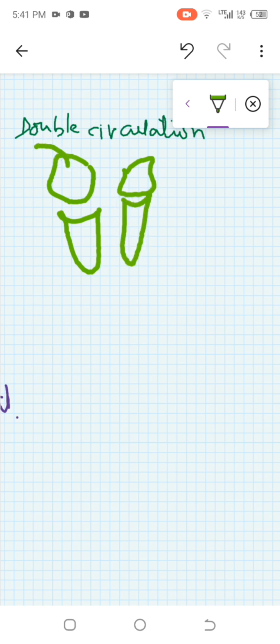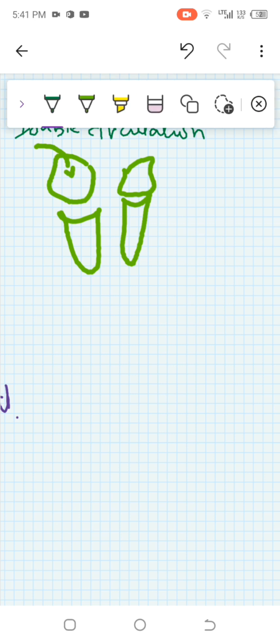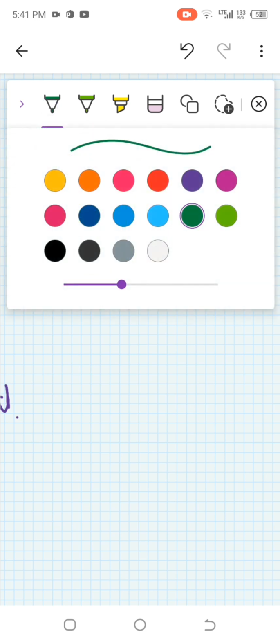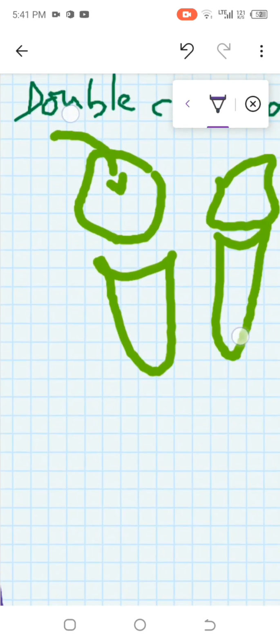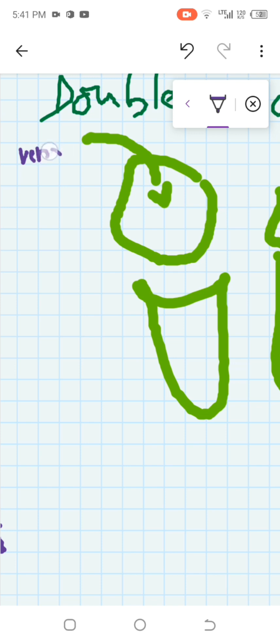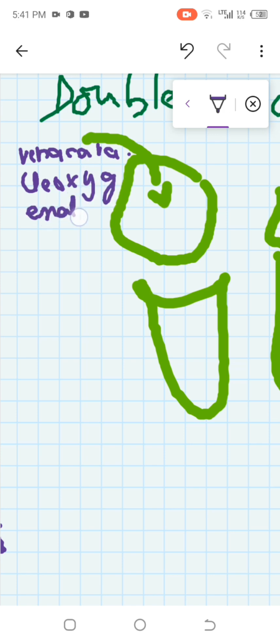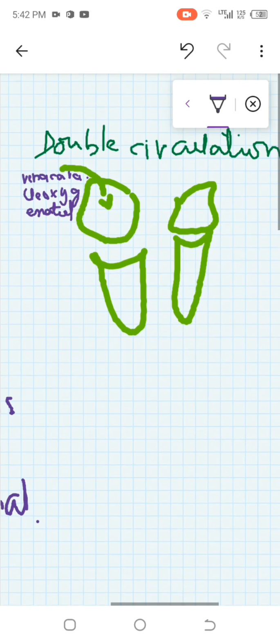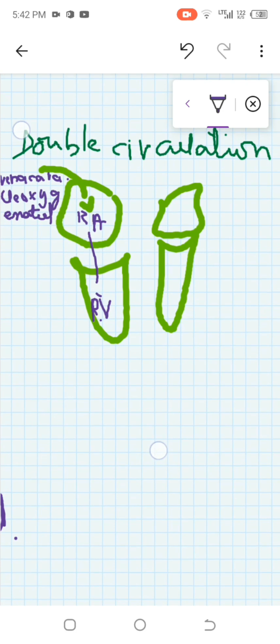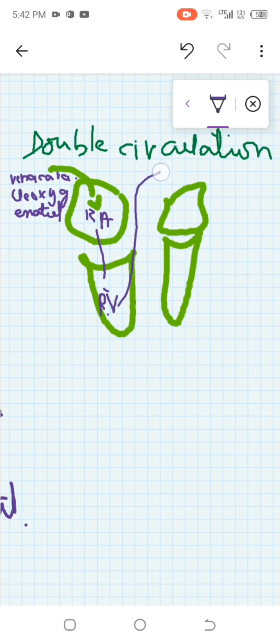First the deoxygenated blood comes into the right atrium by the vena cava, then moves into the right ventricle. After that, from the right ventricle, the deoxygenated blood goes to the lungs.